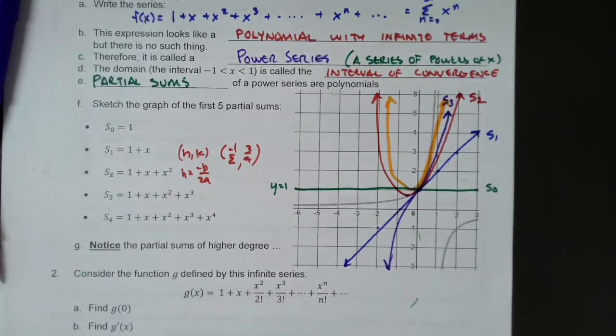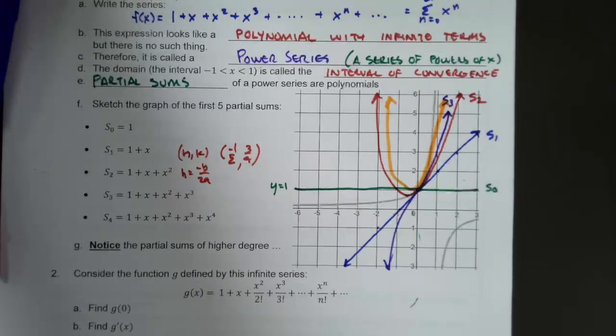Okay. So again, this is the graph of this rational function. Of course, this was our first partial sum, second partial sum, third partial sum, fourth partial sum, fifth partial sum. Now, why are we doing that? Well, if you remember back from AB calculus, remember zooming in?